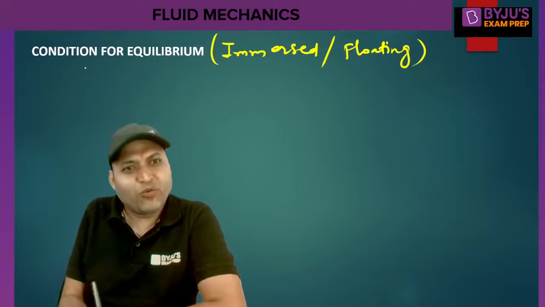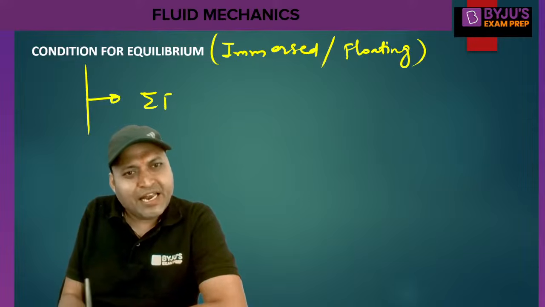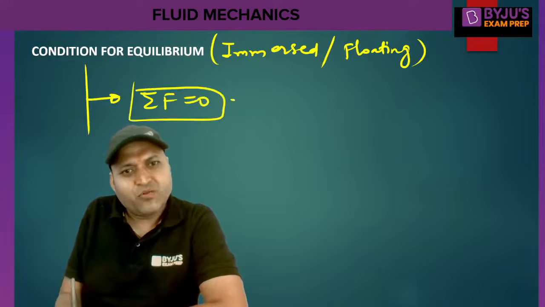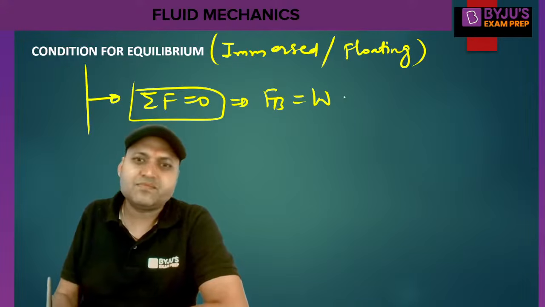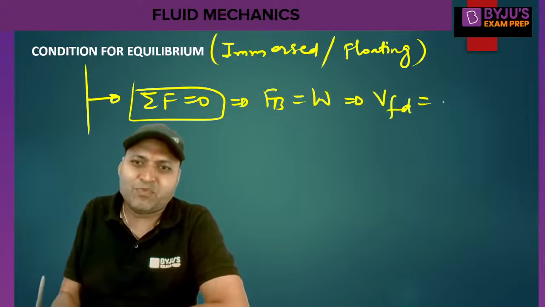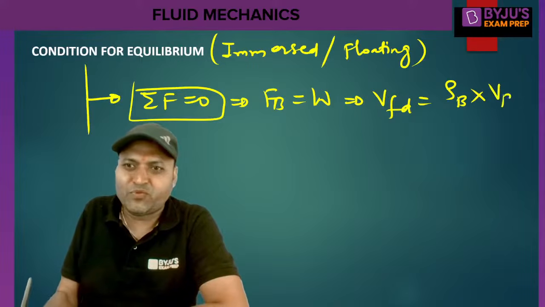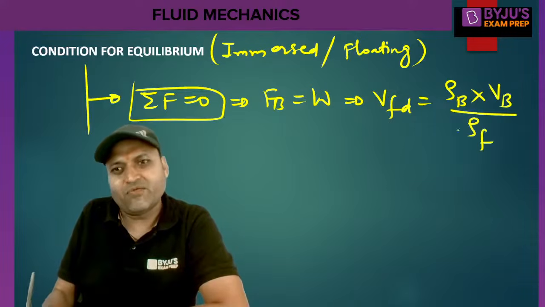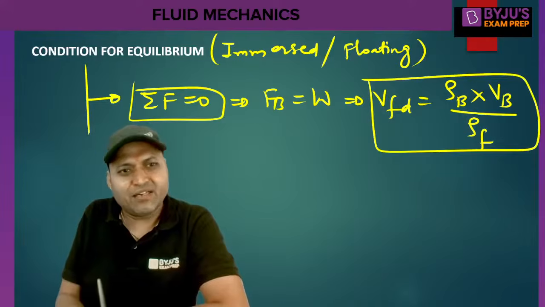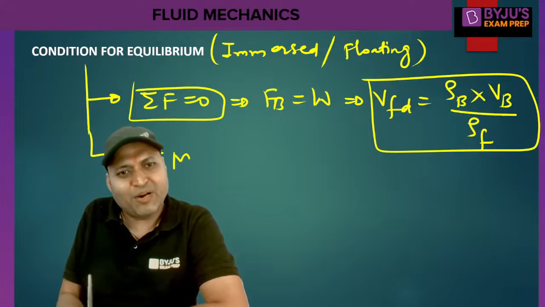For an immersed or floating body, there are two conditions. Net force must be zero. That implies buoyant force is equal to weight, or we can say the volume of the fluid displaced is equal to density of the body into volume of the body upon density of the fluid. That is one condition. The other condition is net moment is equal to zero.